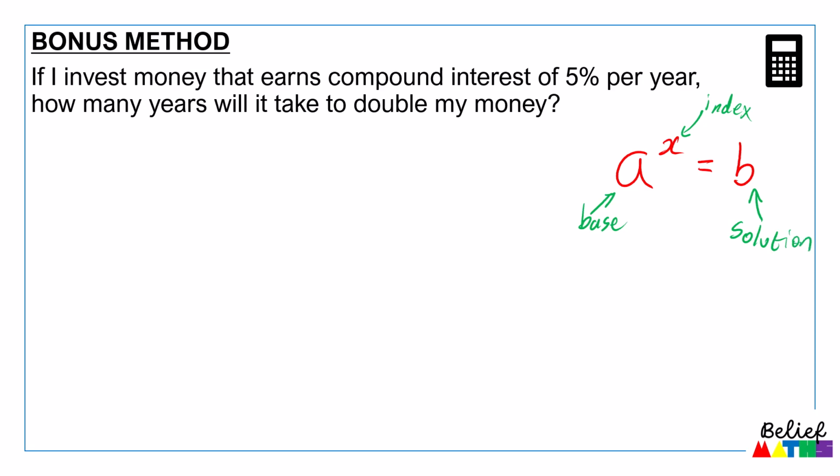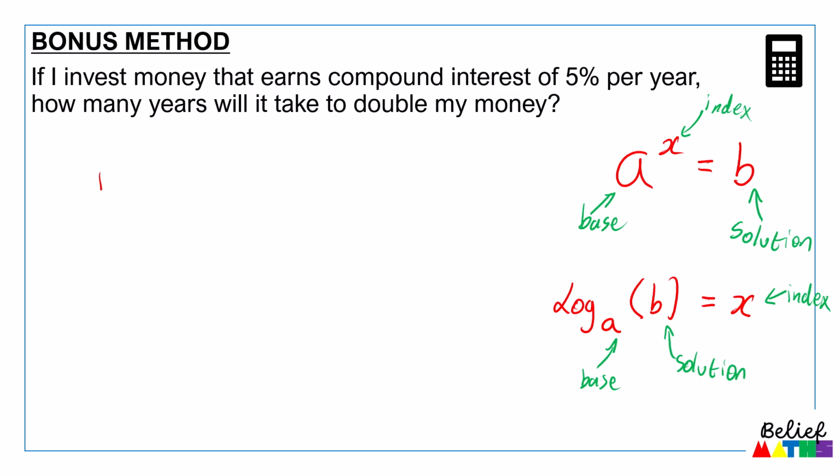Now the inverse of an indice is a log, so we would say log to the base a of b gives us x. What that means is log to the base, so this is our base here, of the solution, so the answer we're trying to get to, gives us our index. So what does that mean for this question?